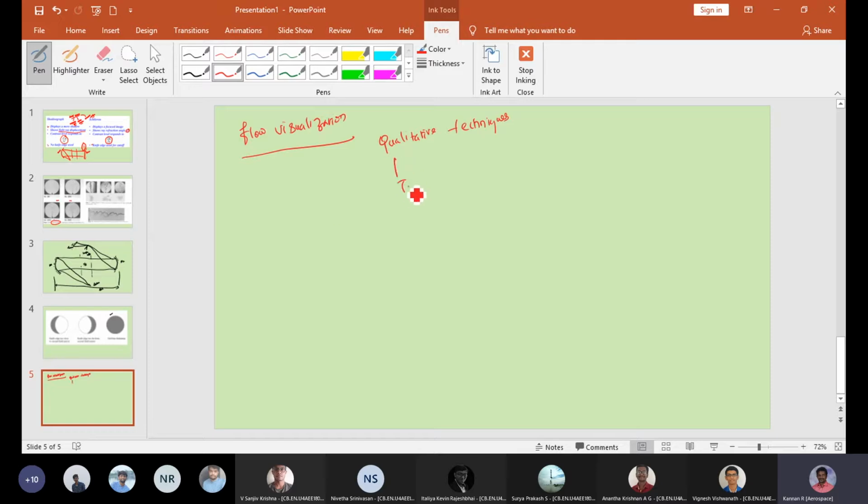Your tuft visualization, and your surface flow visualization, with the help of oil coating or otherwise through chemical coating, and your smoke flow visualization.